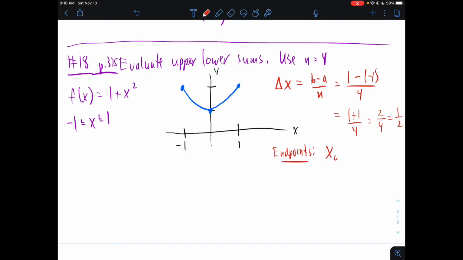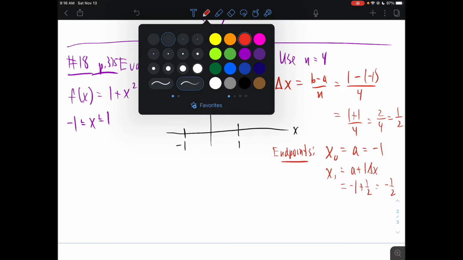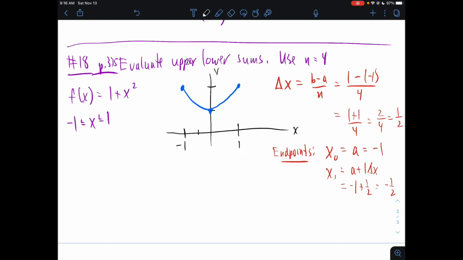Well, remember x0 is just a, which is -1. x1 would be a plus 1 times delta x, which is just -1 plus 1/2, which is -1/2.